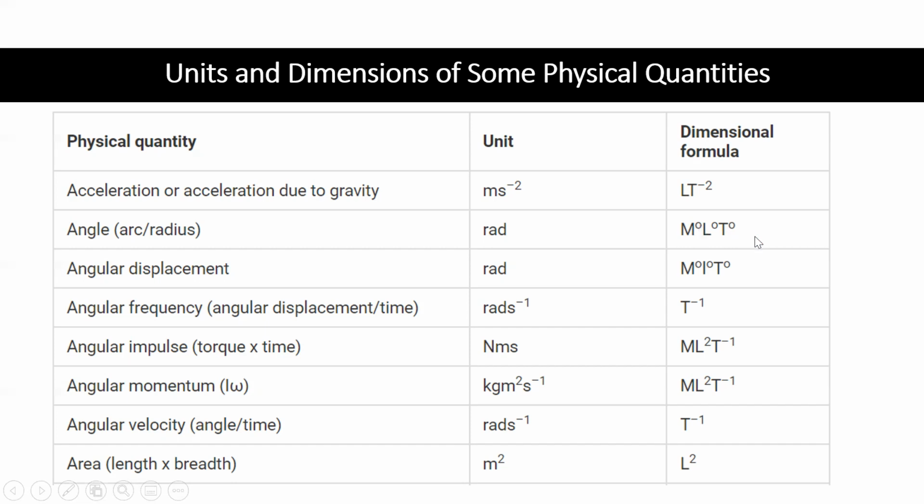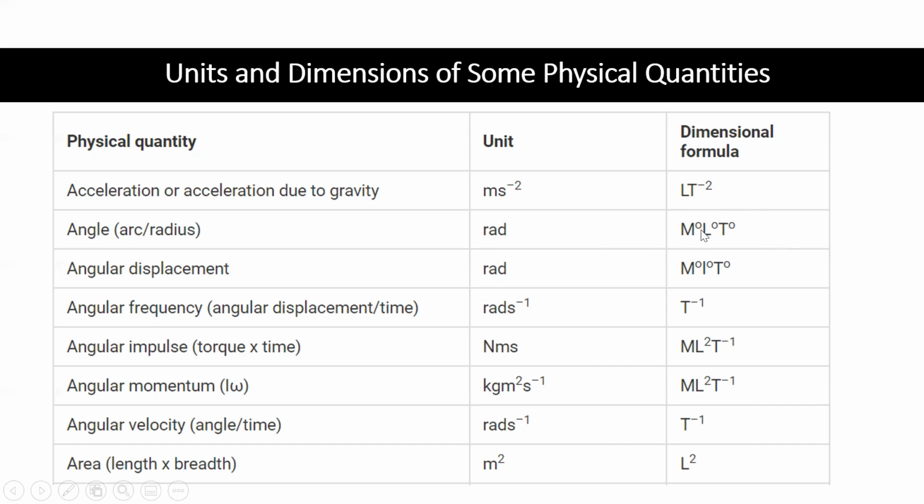Anything raised to 0 is 1. So M raised to 0 is 1, L raised to 0 is 1, T raised to 0 is 1. So what remains is just 1. It doesn't have any dimension. So angle is a dimensionless quantity. You can sometimes represent the dimensions of a dimensionless quantity as 0, 0, 0.